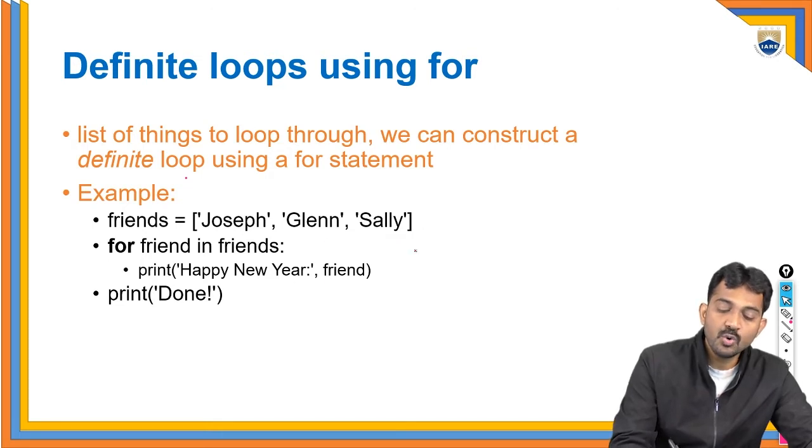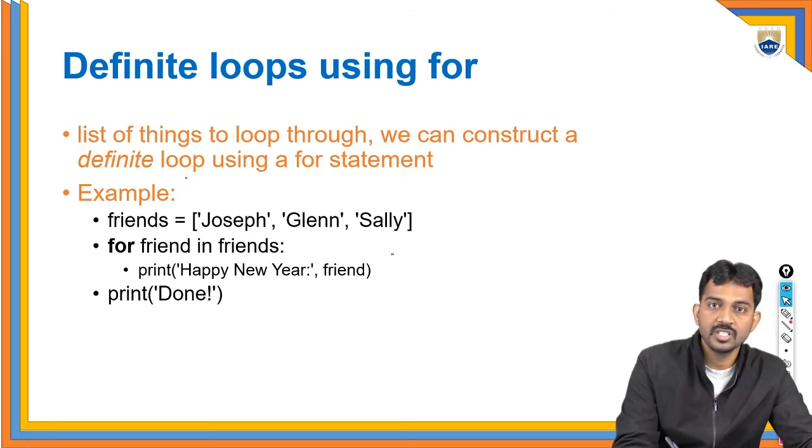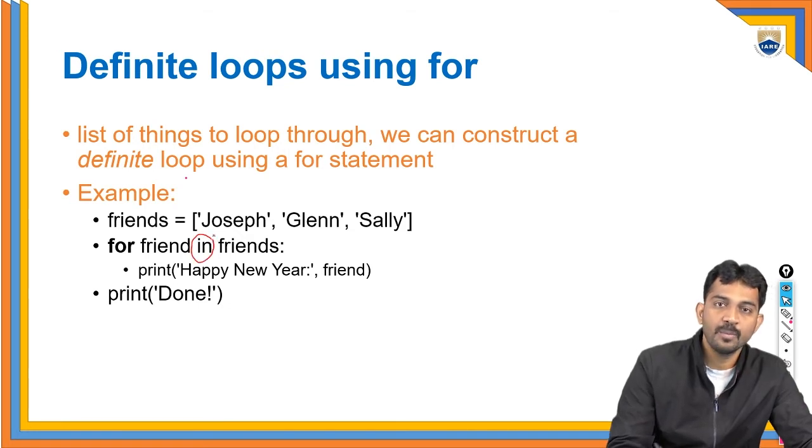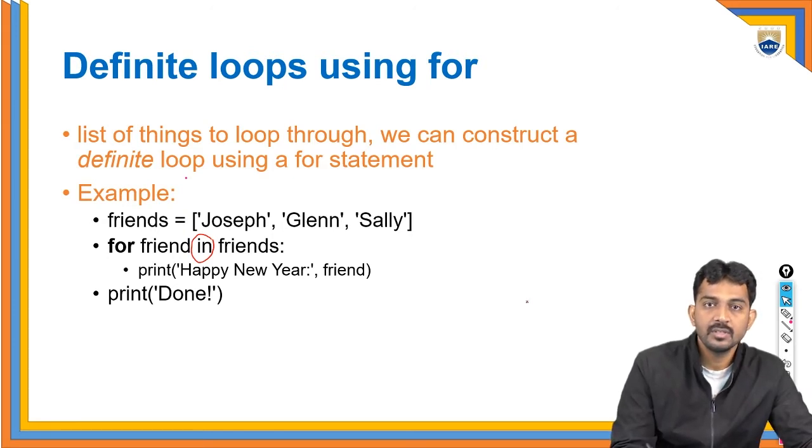So here, you don't have an initialization, there is no increment or decrement operation, and there is no index-based accessing. Everything the in operator is going to perform. The data is going to be accessed by the in operator, one by one, and it is going to perform the operations.